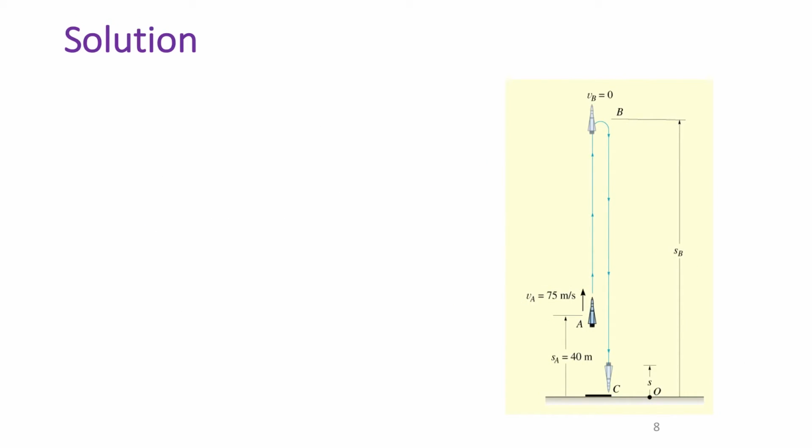Now, for the second part, which is the velocity before it hits the ground at point C. Where is point C? This is point C. Now, we will only consider this portion of the motion, right from here at point P all the way down to point C. If we look here, the dynamic state at point B is known.